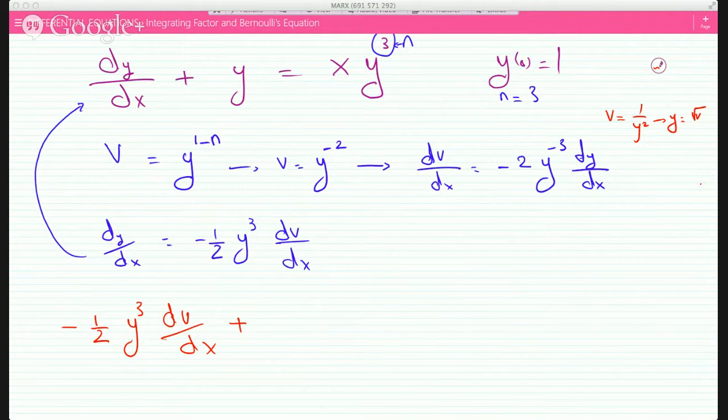So plus v to the 1/2 equals x times y cubed, and y cubed is just v to the 3/2 because y is root v. So cube it. V to the negative 3/2.